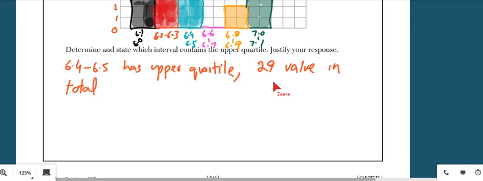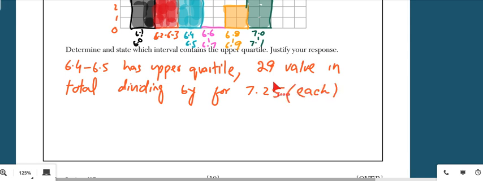And if we divide it by 4, we will get 7.25. So each quartile has this length. 7.25. So you will get it when you multiply it by 3.